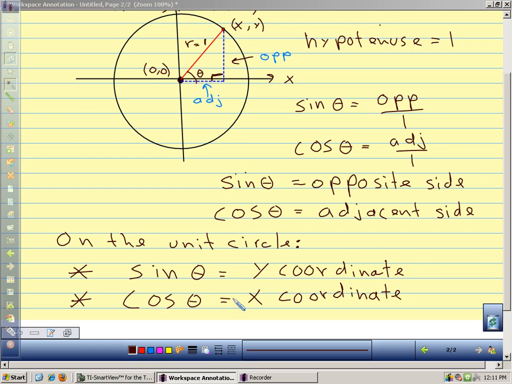All right, so any questions before we move on? So this idea is one of our important ideas about the unit circle, that the y-coordinate is the sine of the angle and the x-coordinate is the cosine of the angle. So let's take a look at what kind of problems you might be asked to do knowing this.